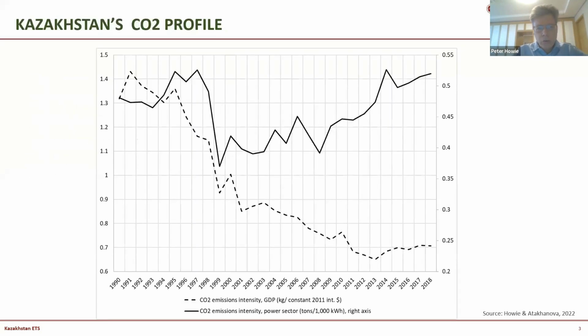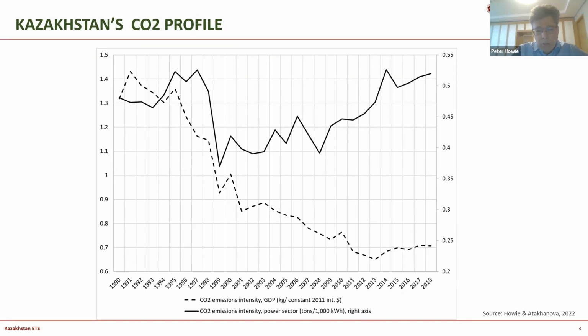This graph shows Kazakhstan's carbon profile. First, look at the dashed line, which is the carbon intensity with respect to GDP. From 1990 to about 2013, Kazakhstan's carbon intensity dropped considerably.